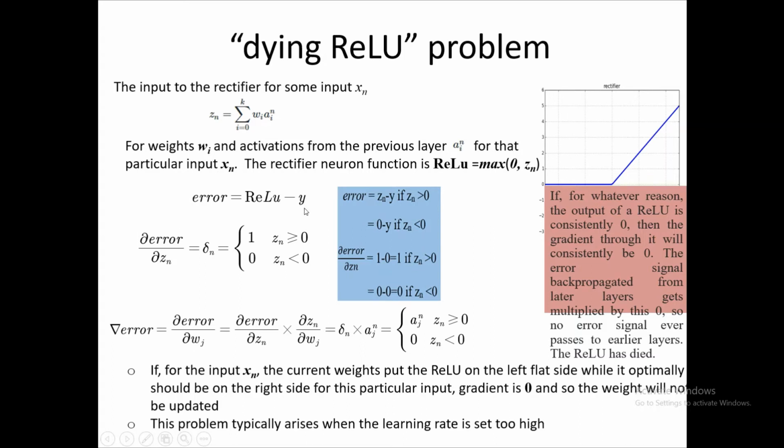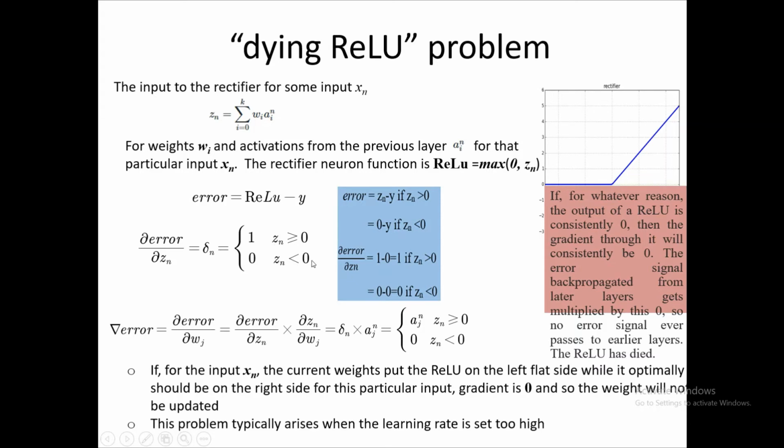And when we take the derivative of this error with respect to Zn, the input to the rectifier, it will be delta n. That means it will be 1 when Zn is greater than 0, and 0 if Zn is less than 0.